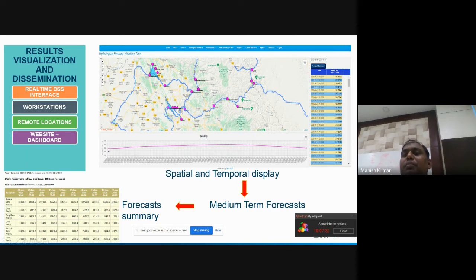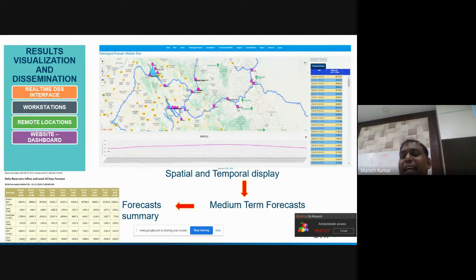So if there is certain precipitation in this area, obviously the flow will increase at this point, and then you will have a lead time of this much period until this water reaches the reservoir. In normal flow conditions, it takes almost 3 to 4 days for this water to reach the reservoir.